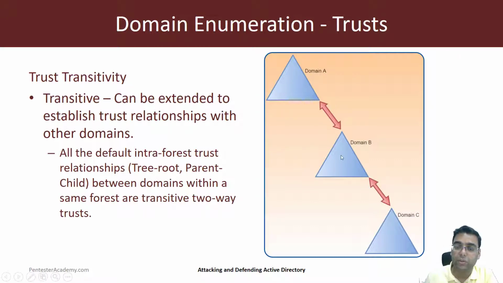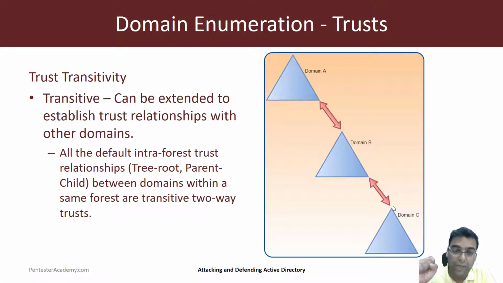That is, if A is equal to B and B is equal to C, then A is equal to C. That is what trust transitivity means. That is, if domain A trusts domain B and domain B trusts domain C, then domain A and domain C would also have a bidirectional trust relationship.